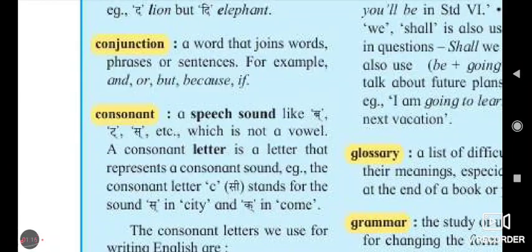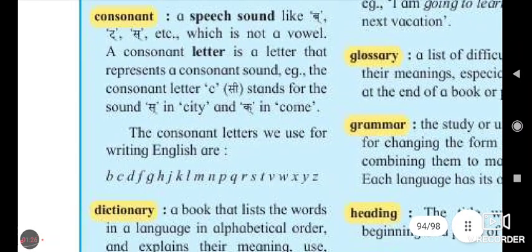The consonant letter C stands for the sound in city and come. These are the consonant letters we use for writing in English. Below they give the writing of the consonants.